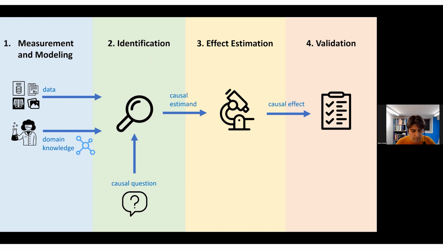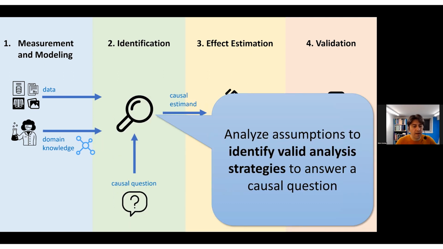Second, in the identification step, we analyze the assumptions that someone has expressed to identify valid analysis strategies to answer a causal question. This identification is usually an automatic algorithm that, given a causal graph, tells us how we can estimate what we want to estimate from our observed data.